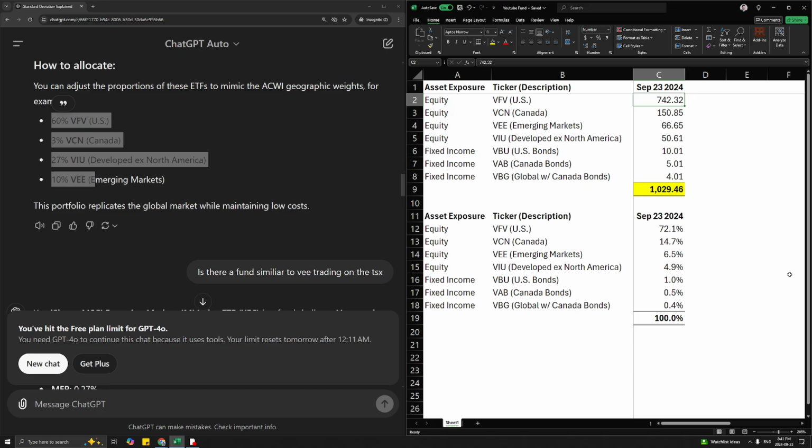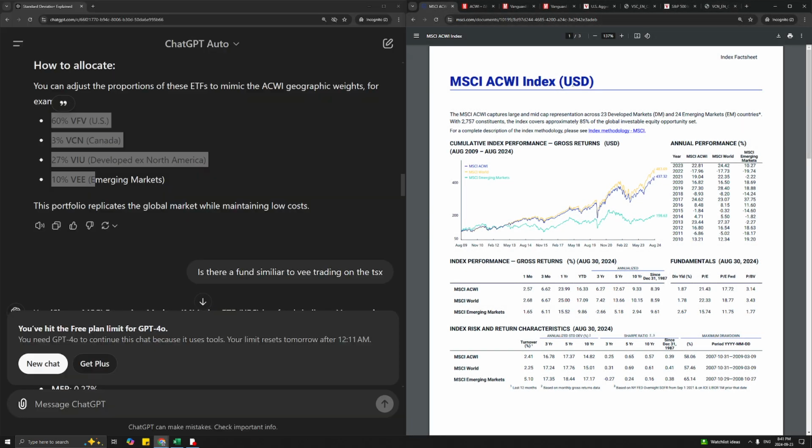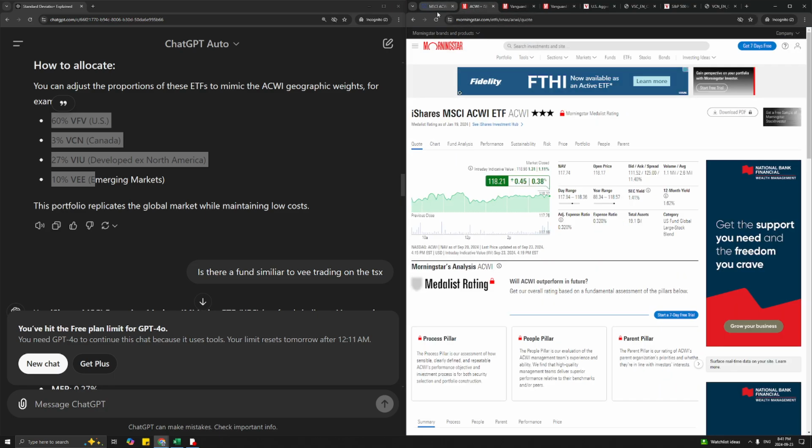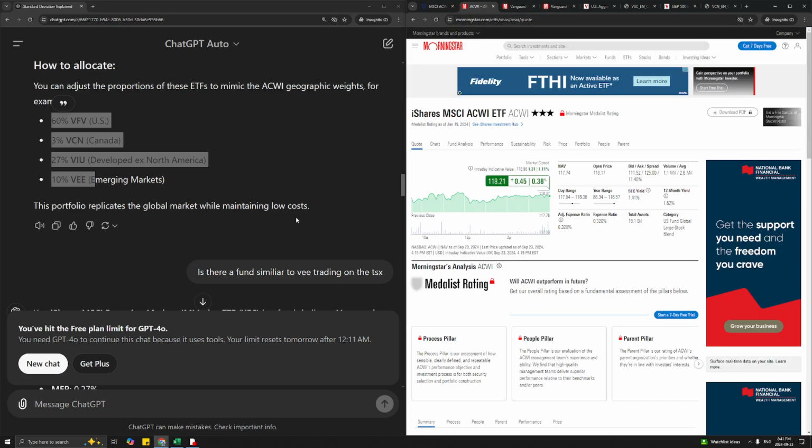So to make this global diversified portfolio, we went and found the index. Once we found the index, we found an ETF similar to that index or tracking that index. Then we found ETFs to replicate that index, which are VFV, VCN, VIU, VE.